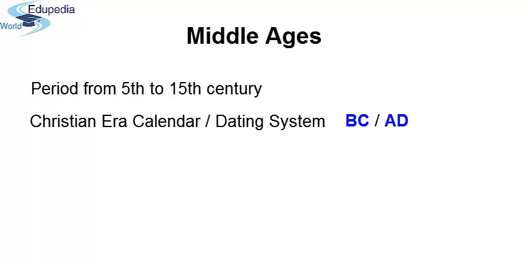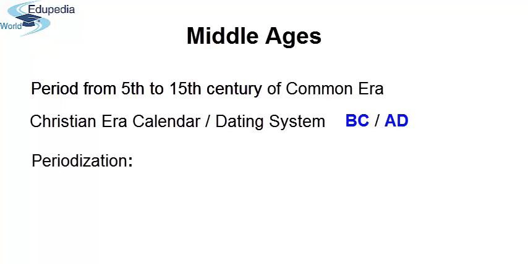The Middle Ages period spans from the 5th to the 15th century of the Common Era only. As far as Middle Ages periodization is concerned, it is the same as in the case of other ages periodization. It is divided into even more sub-periods.